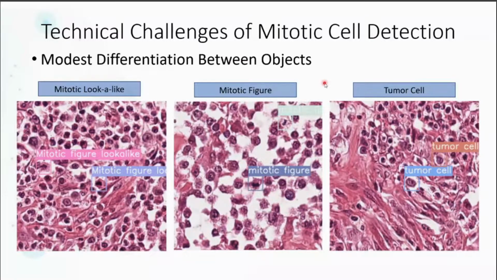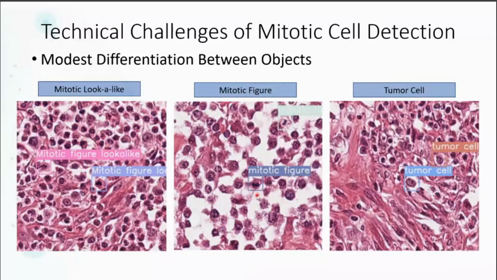Additionally, it's a challenge to differentiate between different types of objects within the patch. So highlighting 3 different cell structures. On the left, a mitotic lookalike. This has been pathologist annotated as a cell that appears to look like mitoses, but in fact, by their evaluation, is not.